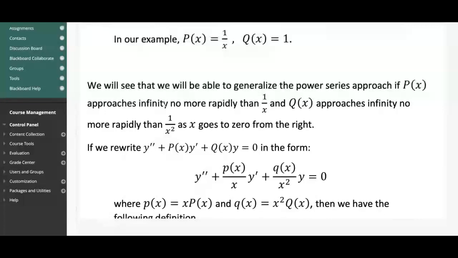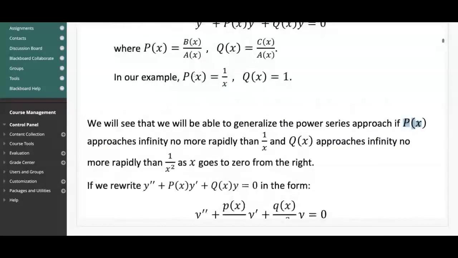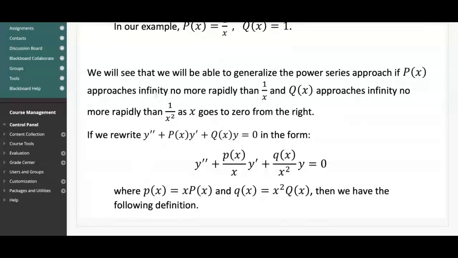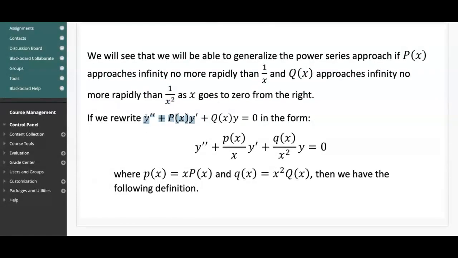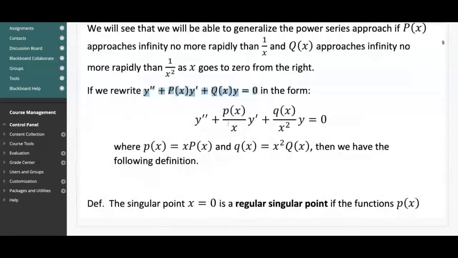So we'll see that we'll be able to generalize the power series approach if p of x approaches infinity no more rapidly than 1 over x, and q of x approaches infinity no more rapidly than 1 over x squared as x goes to 0 from the right. If we rewrite this one in the form of this, so use this little p of x, so little p of x over x.